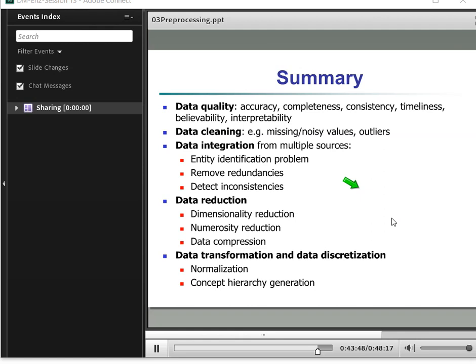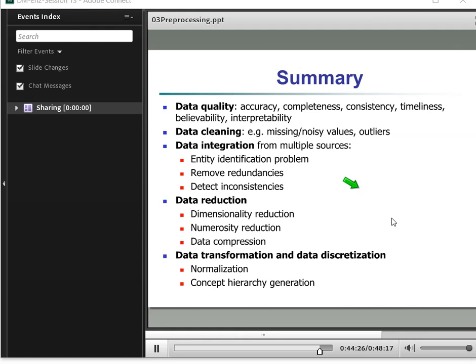So we talked about data quality, and we said that there are 4 different major tasks for pre-processing: data cleaning, data integration, data reduction, and data transformation and discretization. We talked about them and we saw some examples too.